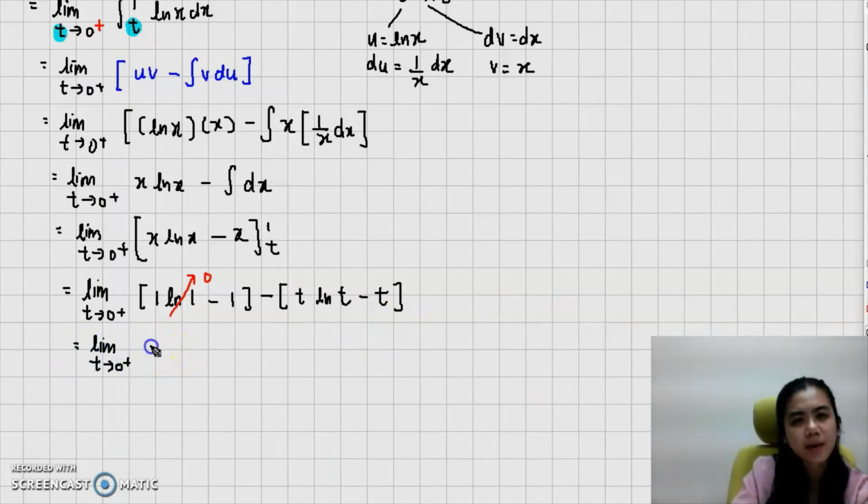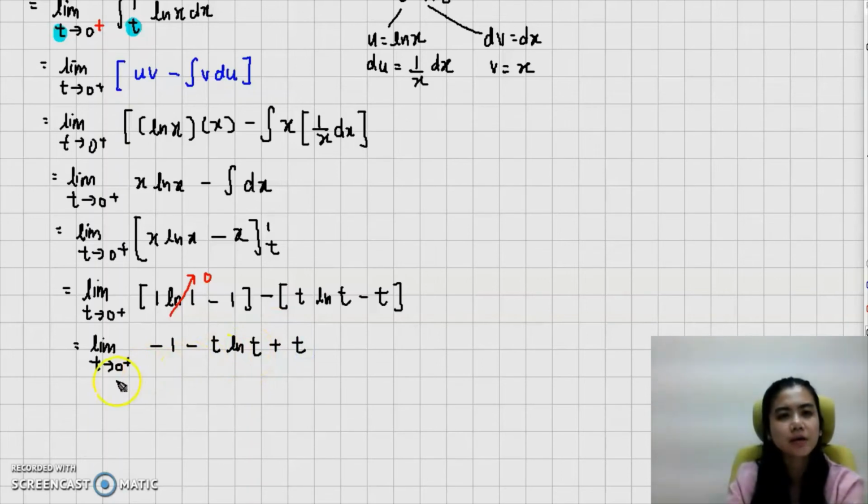Alright, so we have minus 1 minus t ln t plus t here. Give the limit to those involved with the t.